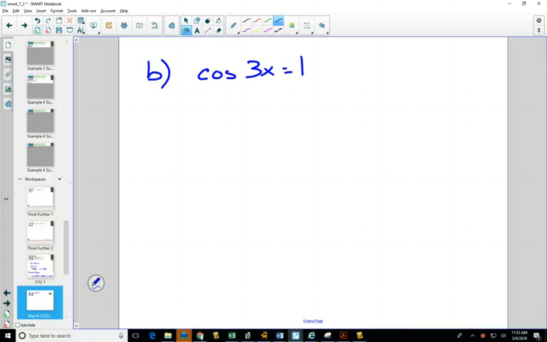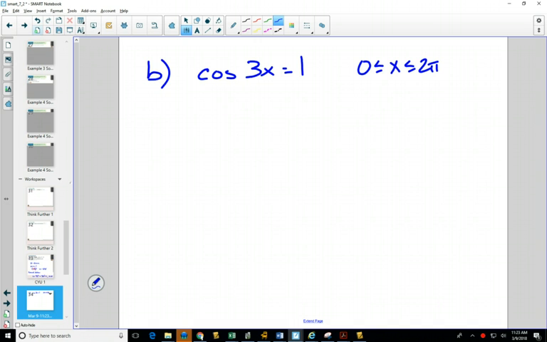We're going to use the general solution strategy that we listed before: first solve between 0 and 2 pi like normal, and then add 2k pi. What kind of question is this, though, with the 3x inside?